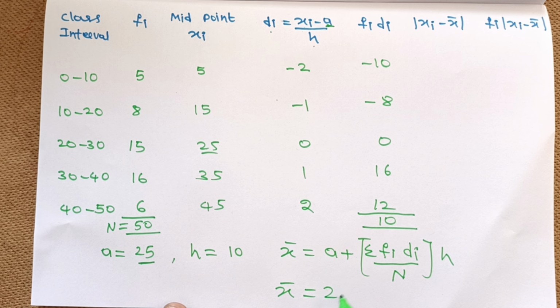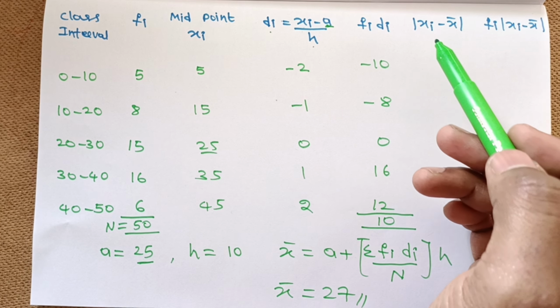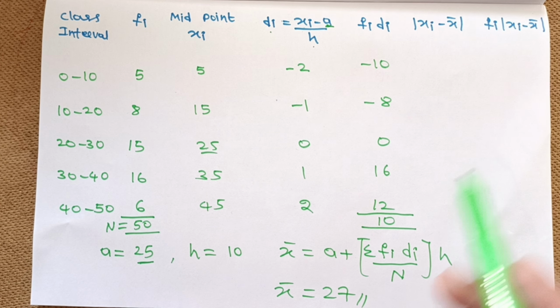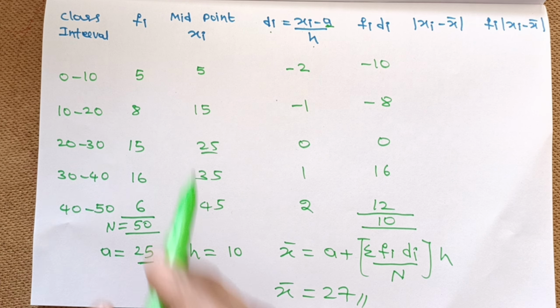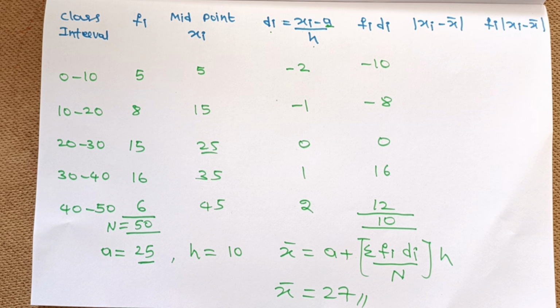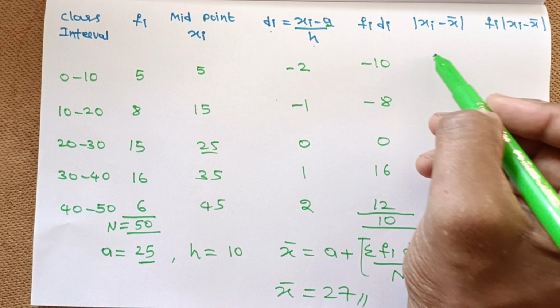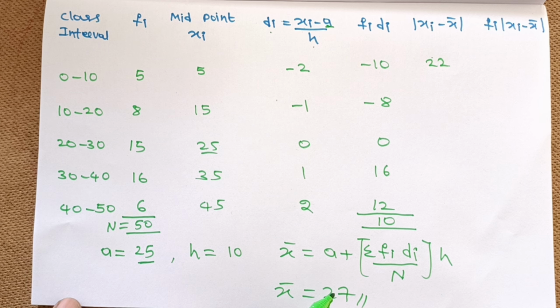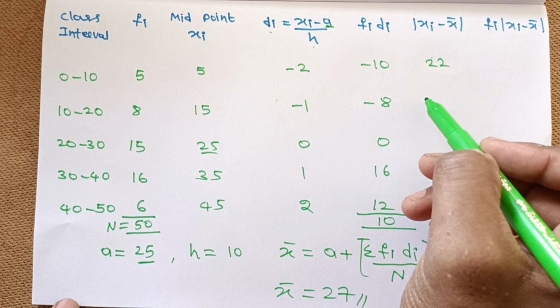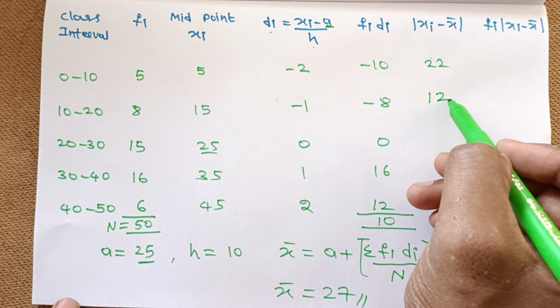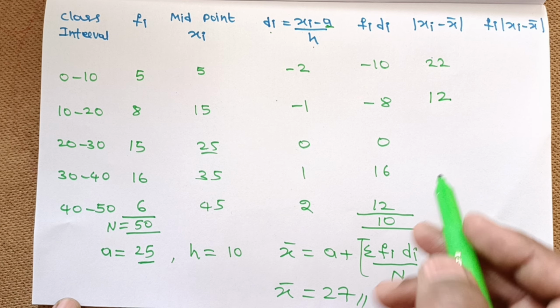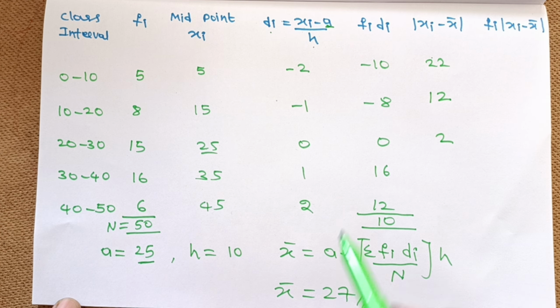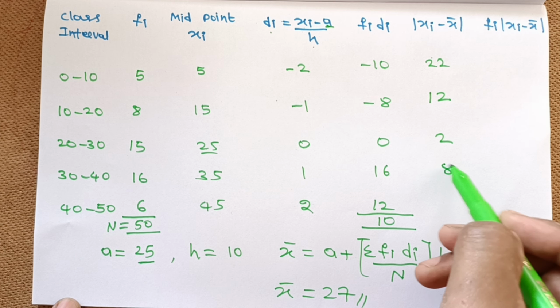Therefore x bar equals 27. Modulus of xi minus x bar: 5 minus 27 is minus 22. Modulus is there, so we write positive values only, 22. Next 15 minus 27 is minus 12, but modulus is there, so plus 12. Next 25 minus 27, 2. Next 35 minus 27, 8.